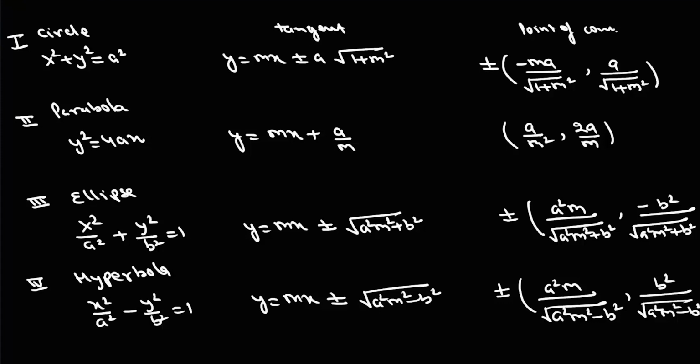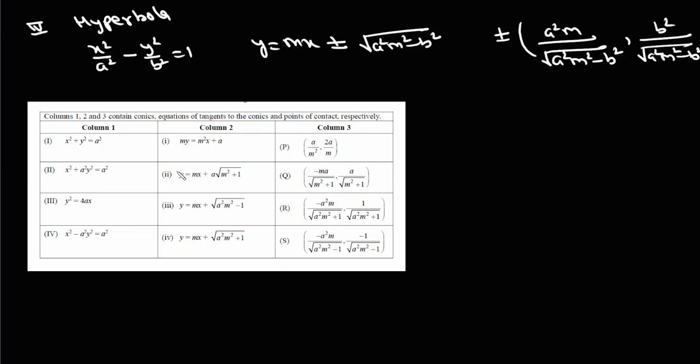Now there is this 2017 JEE Advanced question. It was this table where we are given these three columns, column 1, 2 and 3, where we need to match curve with its tangent and its point of contact. Now this is the circle x square plus y square equals a square. We know that its tangent is y equals mx plus minus a under root 1 plus m square, so it'll match with this second.